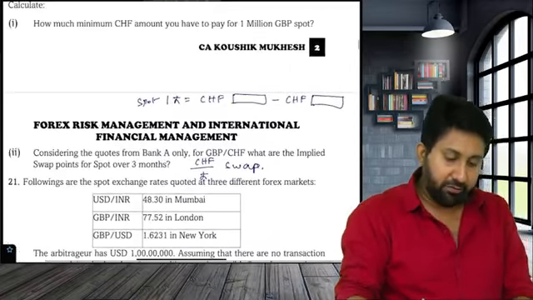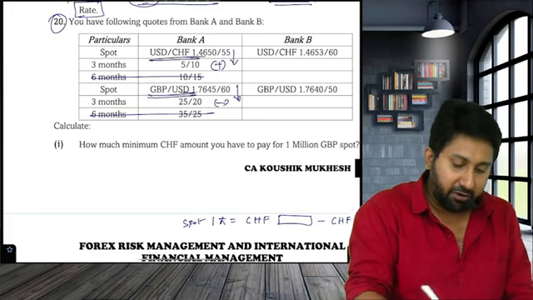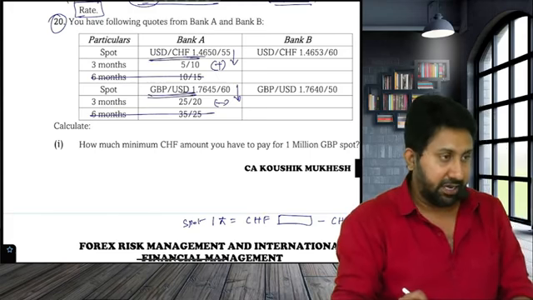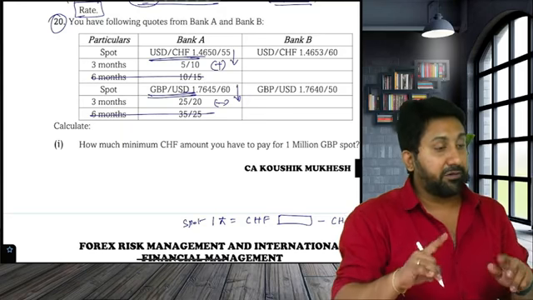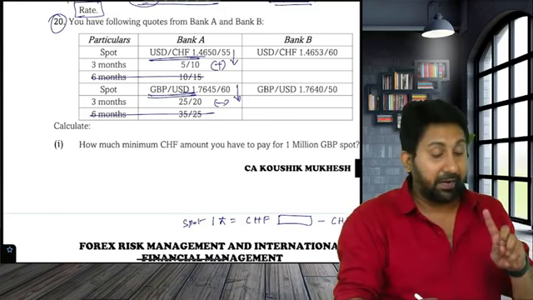So we need to take only 3 months. If you add or deduct the swap points, you will get forward rate for USD and CHF, and forward rate for GBP and USD. Using these forward rates, we need to calculate the rate between CHF and pound. This is what he is asking in the question.